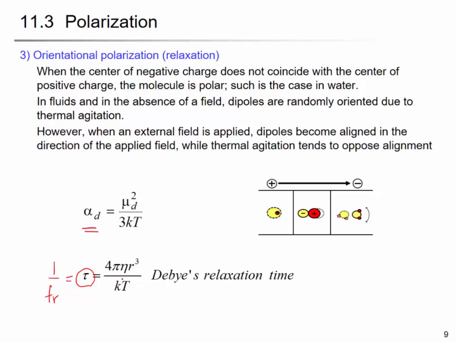Okay? So that means that if the media is more viscous and sticky, then it takes more time to go back to the original state. Okay? And also the radius. If the radius is bigger, then when you move, it takes more time, right? So I think it's a very straightforward equation.